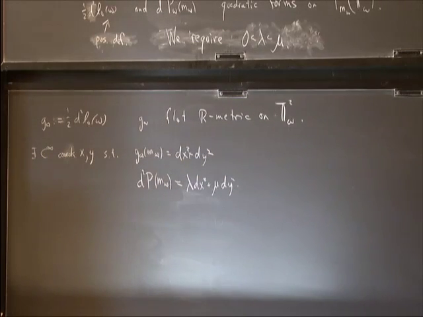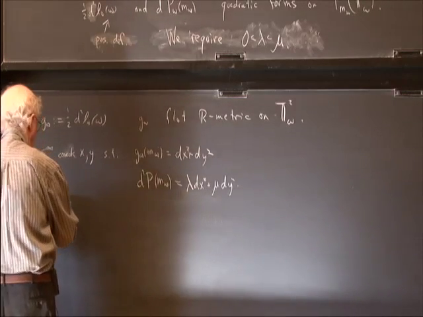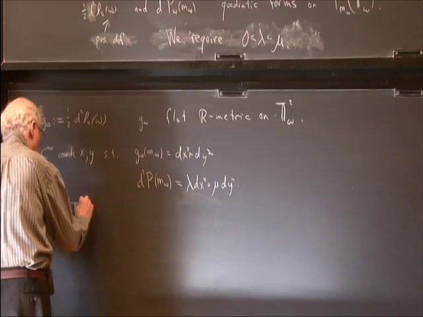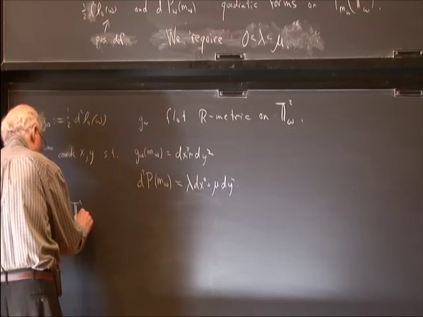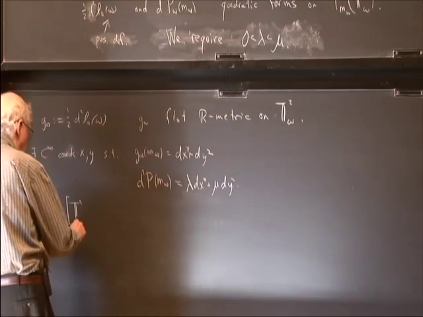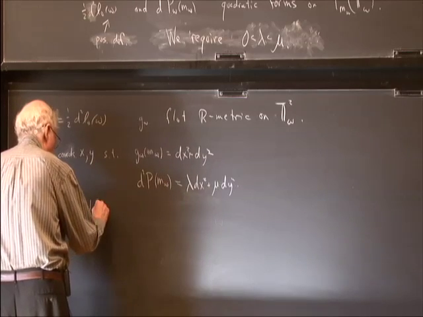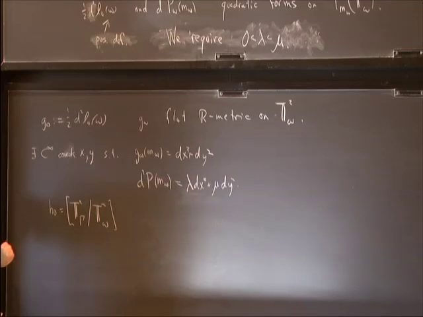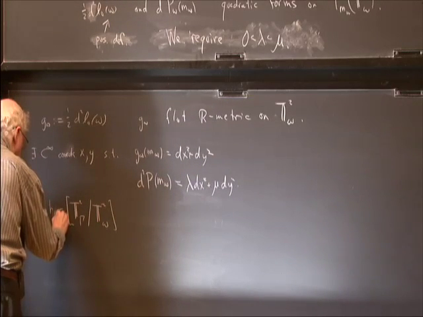Okay, so once I have those coordinates, I can state the next conditions. And then I have H0, the class of T2 gamma divided by T2 omega. Well, it's defined up to sign, but the sign doesn't matter.